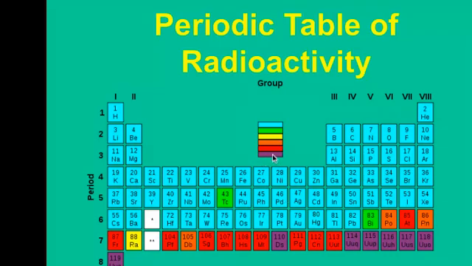The most radioactive ones are these purple ones. These are the ones all the way up to 118 that we've just discovered in the last 10 years. There are some in the red zone. Some you've probably heard of, and some maybe not. We're going to talk about a few of them.